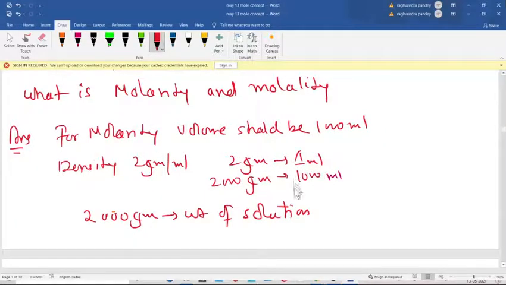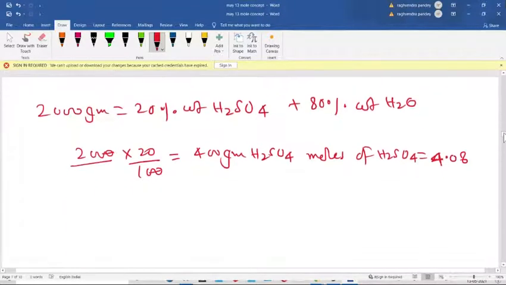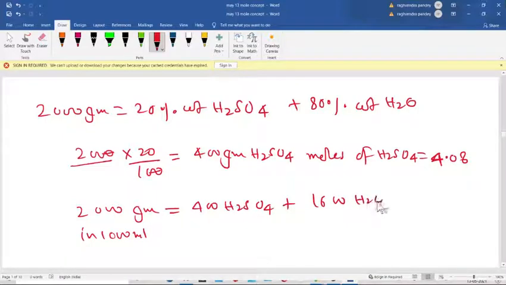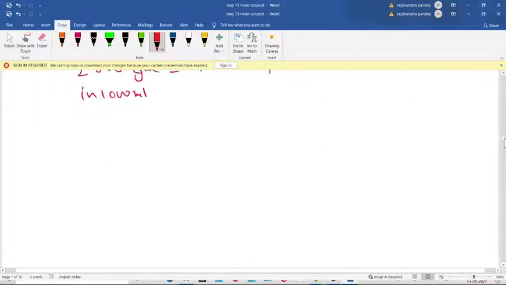So 1000 ml, 2000 gram, and that 2000 gram consists of 400 gram of H2SO4 plus 1600 gram of water. 400 gram H2SO4 means 4.08 moles, approximately 4.